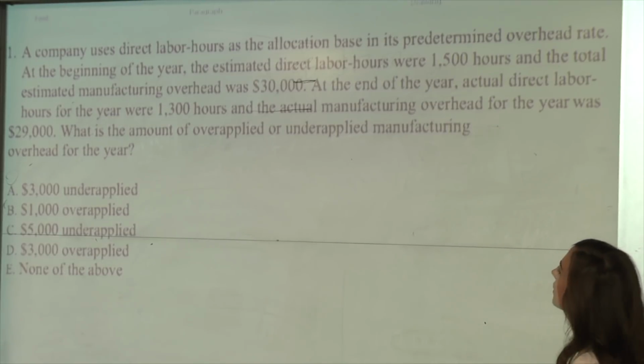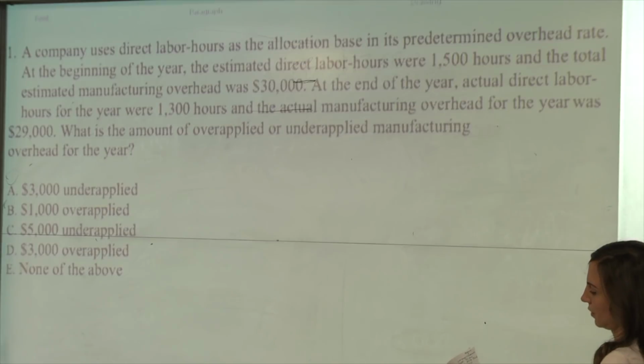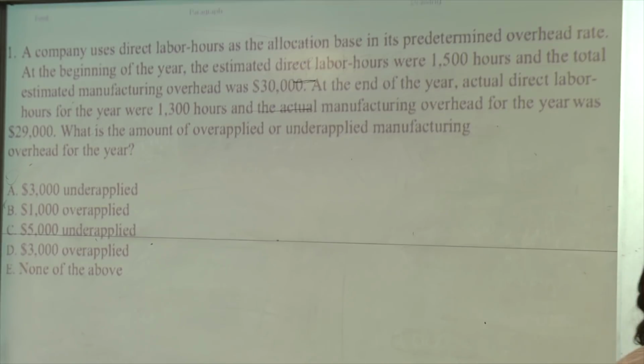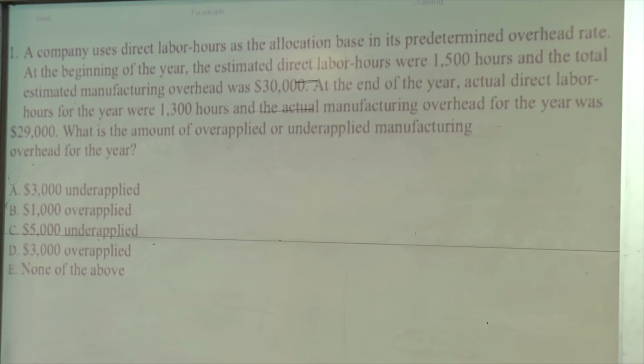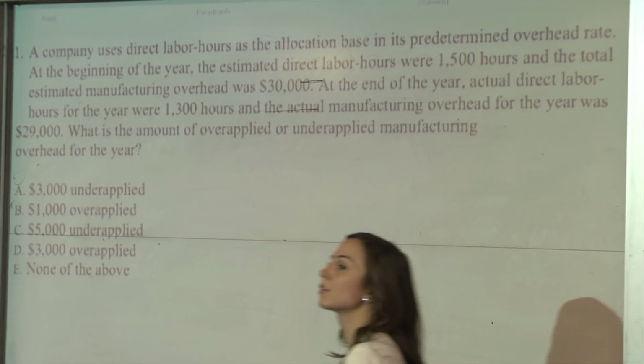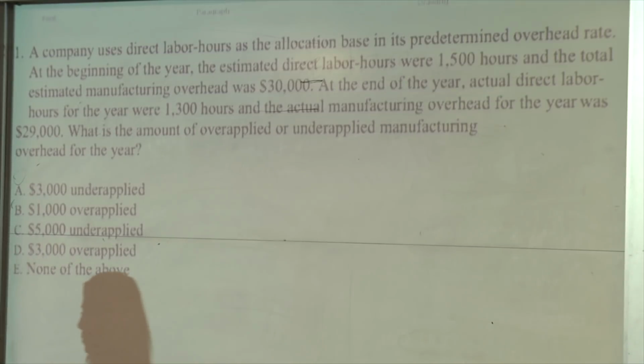Okay, so what's next? We are going to skip question 20 for now because it's pretty much the same kind of thing as the question we just went over, question 19. It's just more practice, and go right to question 21. So this is another question that's asking for under or over applied overhead. A company uses direct labor hours as the allocation base in its predetermined overhead rate.